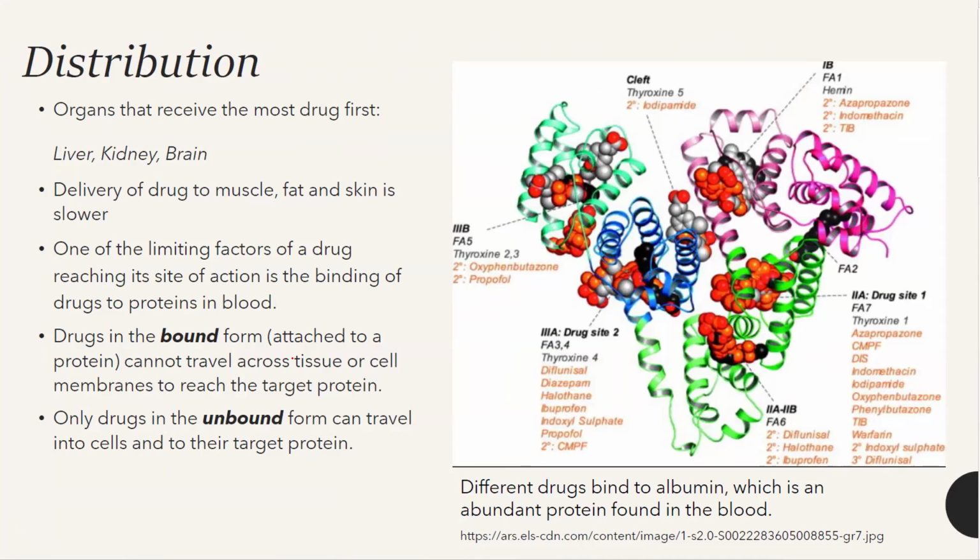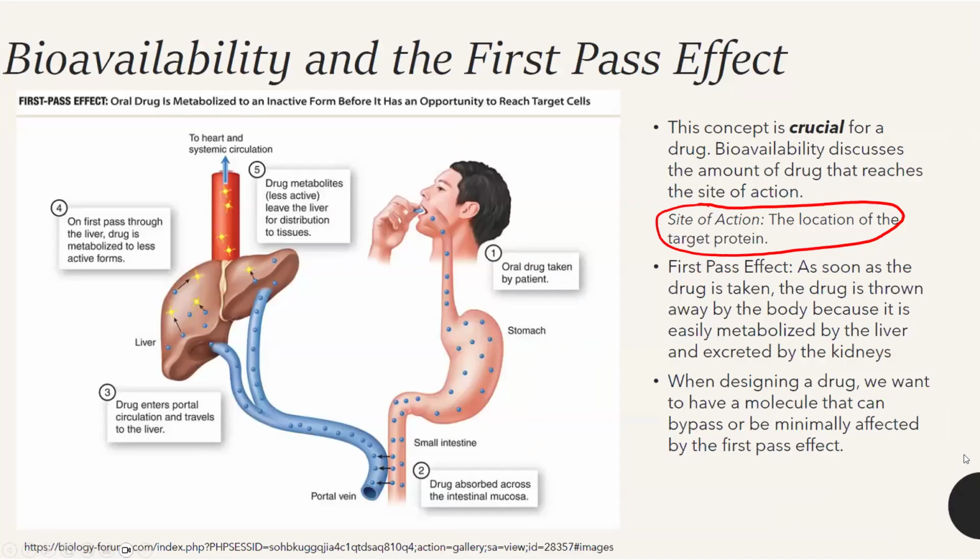On the right-hand side of this, we're looking at the distribution of different drugs on parts of one protein. When we talk about distribution, what we're most interested in is throughout the body, and where that drug ultimately is.